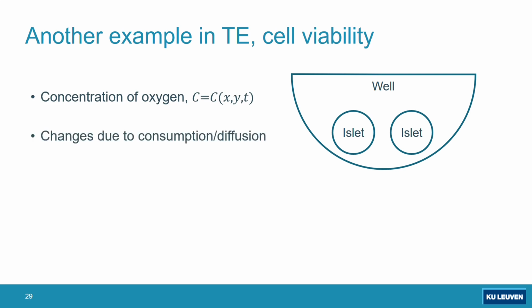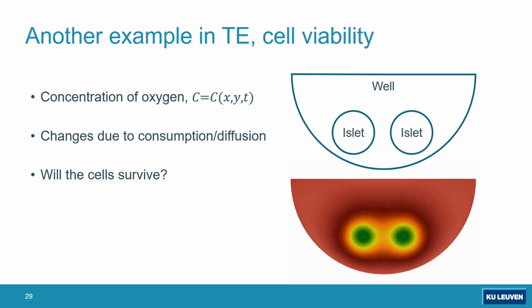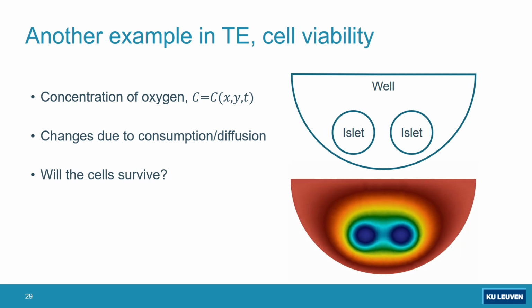The concentration of oxygen, so this function, changes due to consumption and diffusion of oxygen. And then the research question is whether the cells survive or not. The typical output of this simulation would be something like this. You see that it starts to consume oxygen, and based on the threshold that we have, for example, hypoxia or death of cells, they can survive or not.